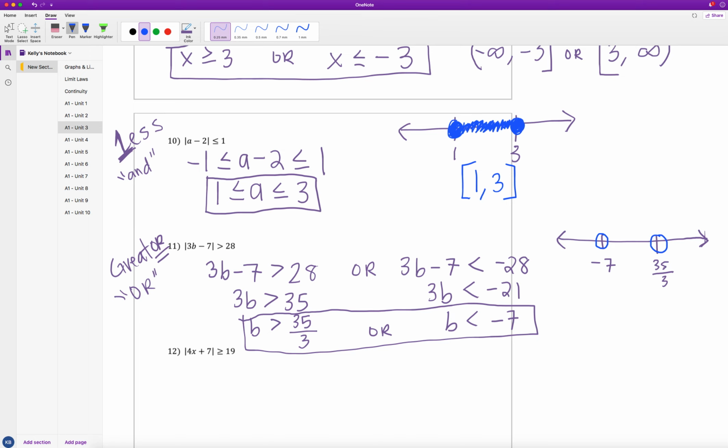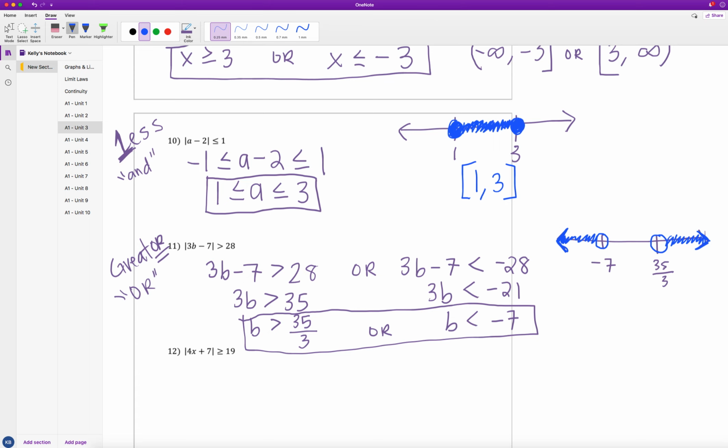So b greater than 35/3 means I'm going to shade out to the right because I'm greater than, I want to go to the right. The second one where b is less than -7, because I'm less than -7, I want to shade to the left of -7. And this should be making sense because in an OR compound inequality, I should have kind of the two wings going out to opposite ends.